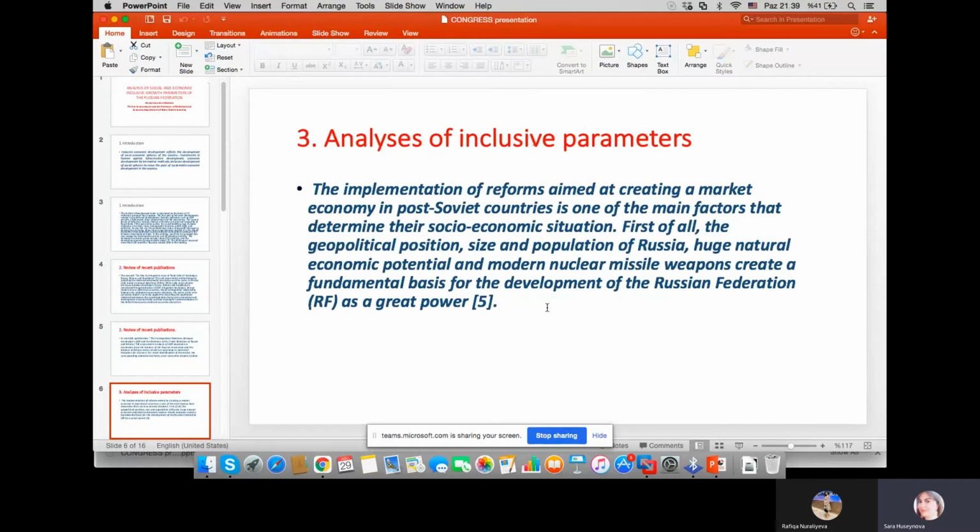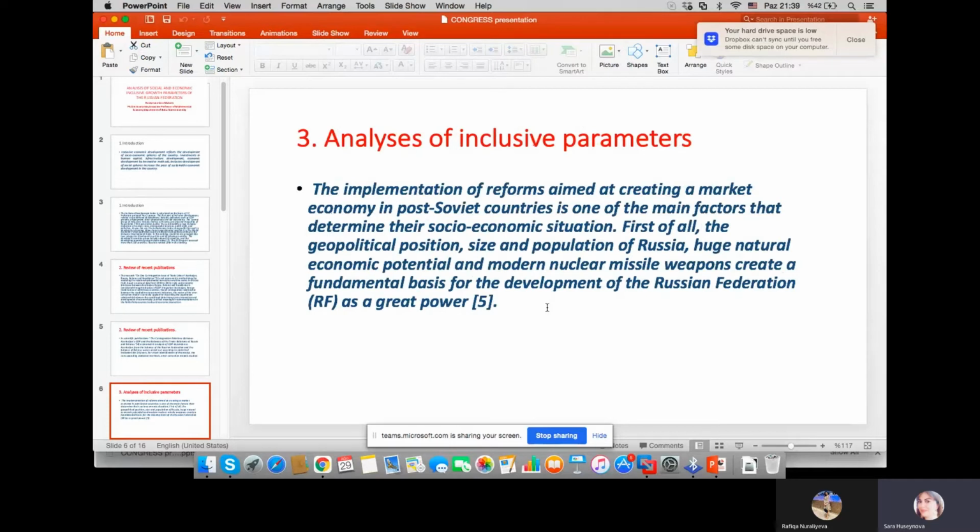Then the third part of the article is the analysis of the inclusive parameters, analyzing the economic and social parameters.